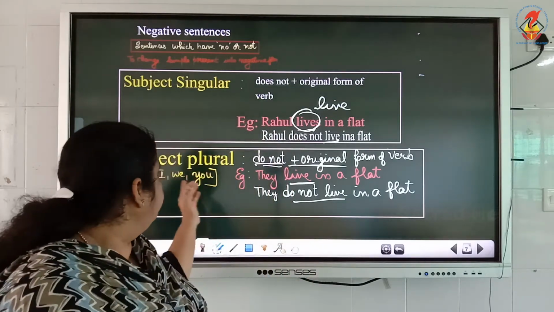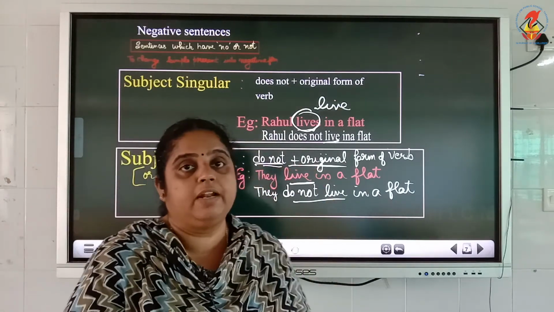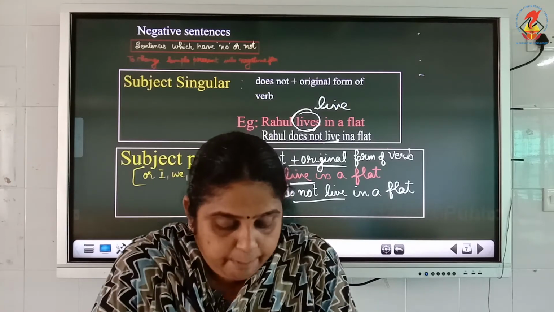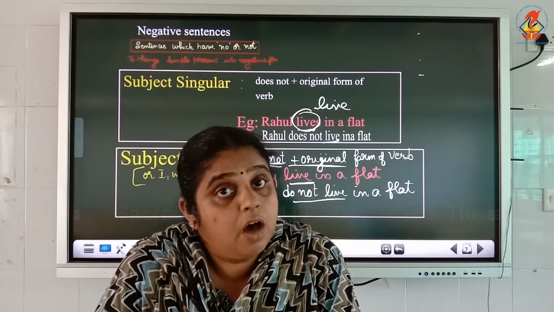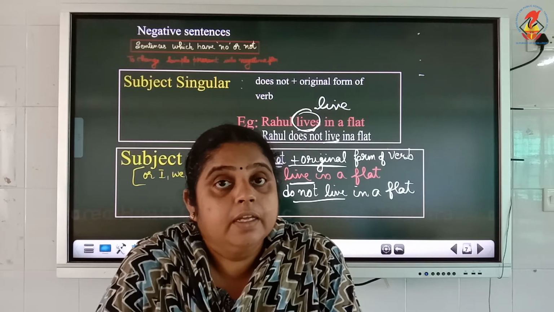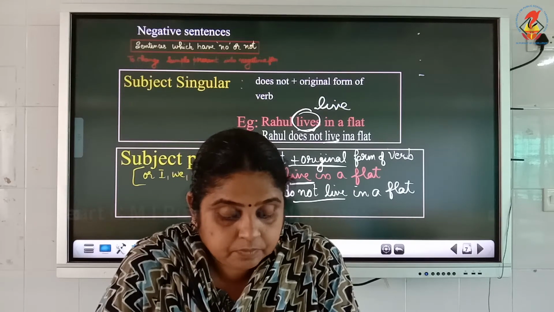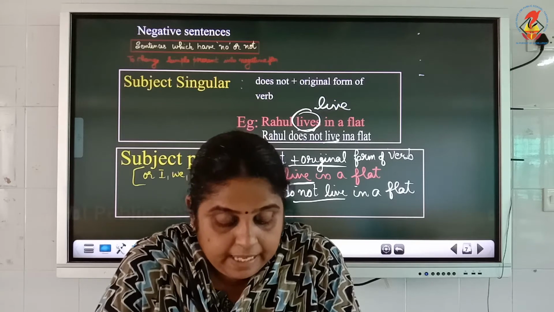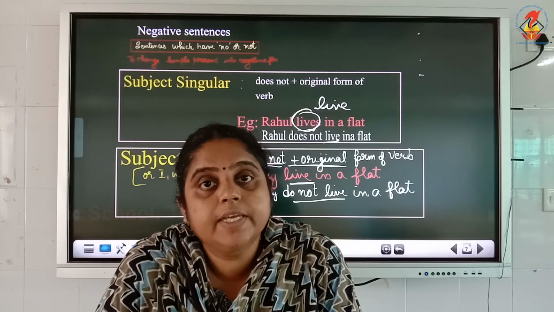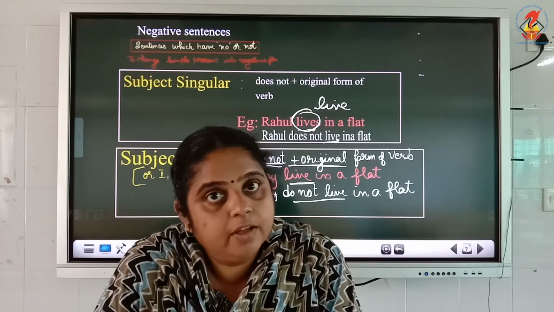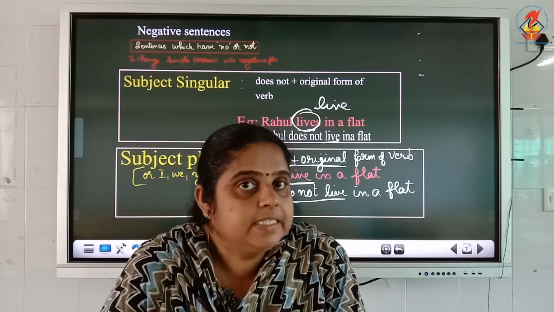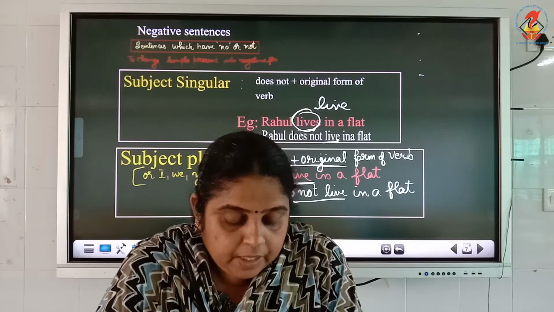Plural, do not plus original form. They buy food from the street vendors. So, how will you write? They do not buy food from the street vendors. Do not plus original form of the verb. Did you understand that? Okay.